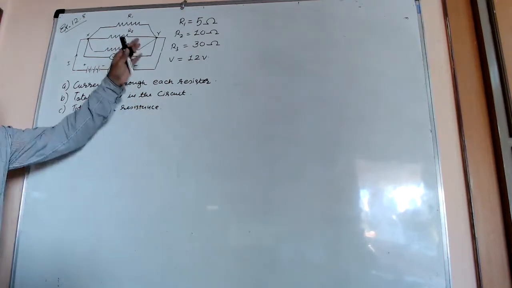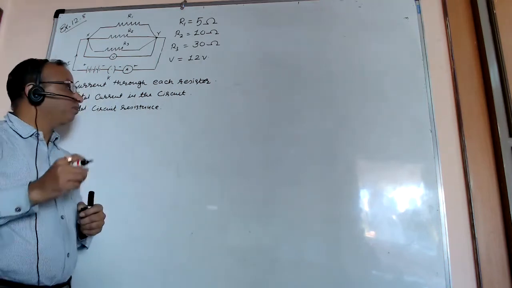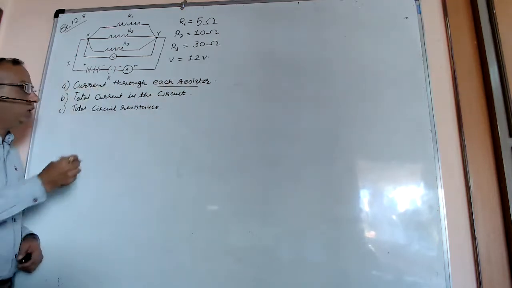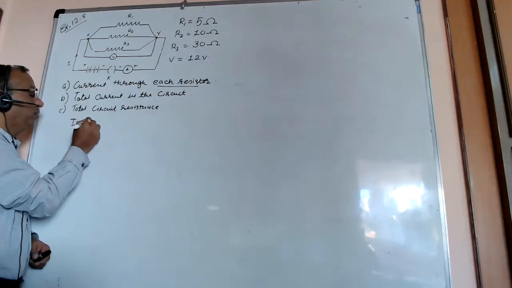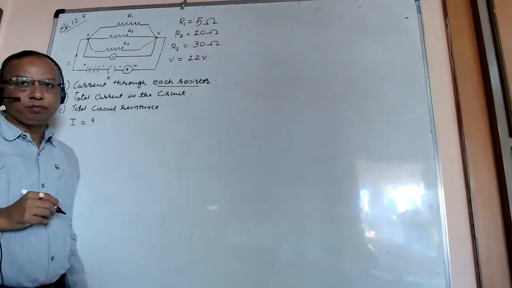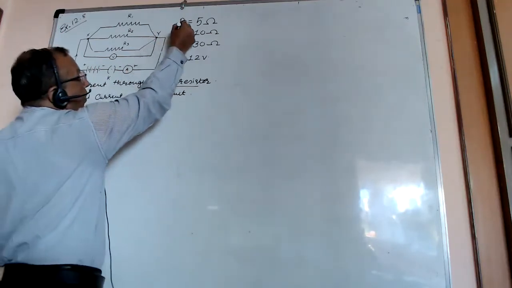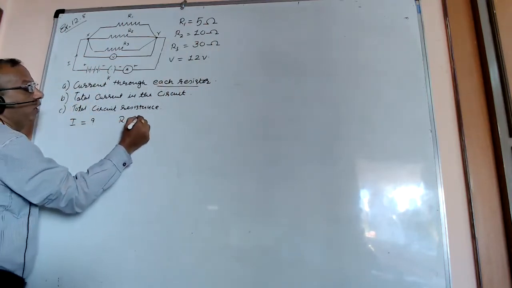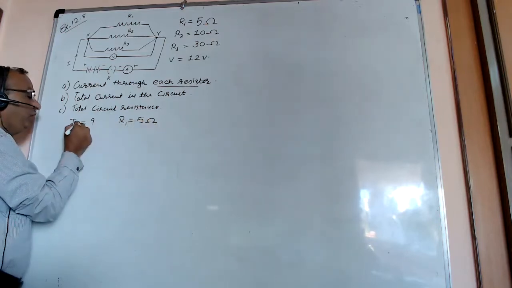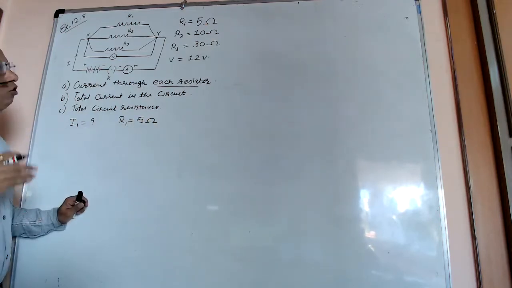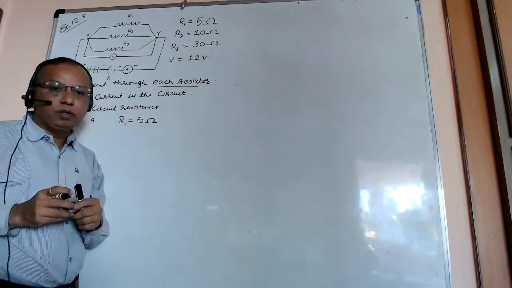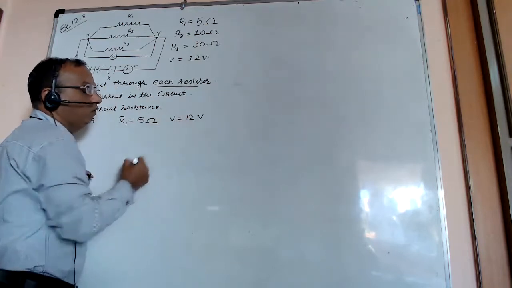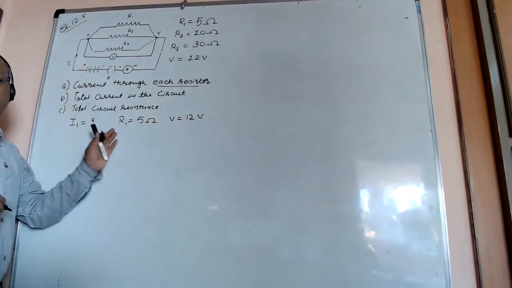So first of all, R1, R2, R3 are given. To find the current through each resistor, the current is I, so I is to be found for R1, R2, and R3. First, if I consider R1 as 5 ohm, then I1 is to be found. As you know, in a parallel circuit the voltage V remains the same, and that is 12 volts.